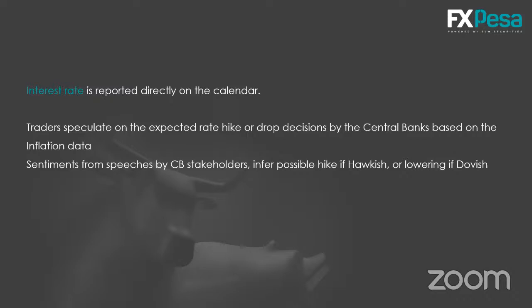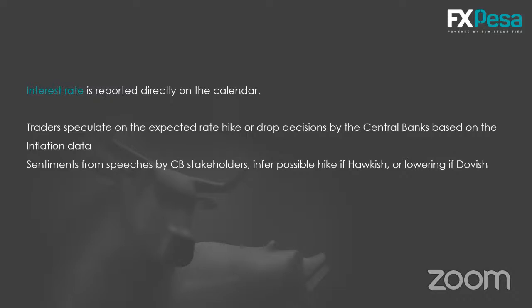Hawkish means they're supporting higher interest rates. Then it's going to lead to a reaction in the market, an expectation that they favor higher rates in future dates. If the stakeholders speak in such a way that they are dovish, meaning they favor lower rates, then traders will expect that on the next announcement date they're going to lower it.